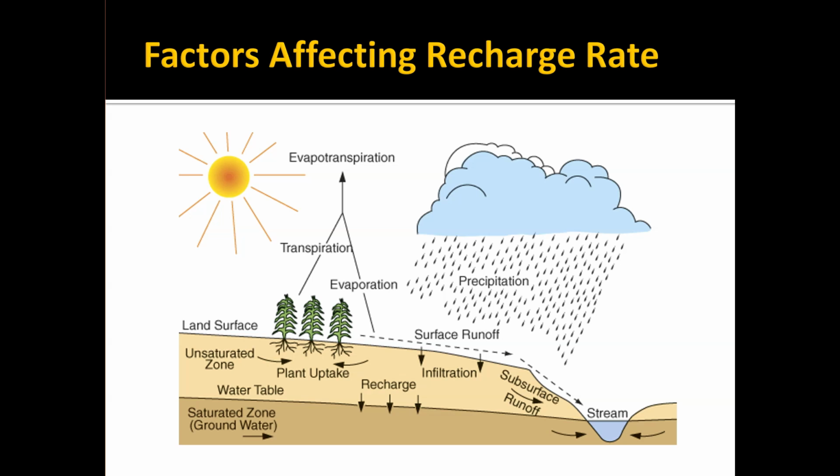But in the end, we often end up adjusting the recharge as part of our calibration process, both the recharge and the hydraulic conductivity, until our model output matches the behavior we observe in the field, and then we can start to get some confidence that maybe we have a recharge rate that is pretty reasonable.